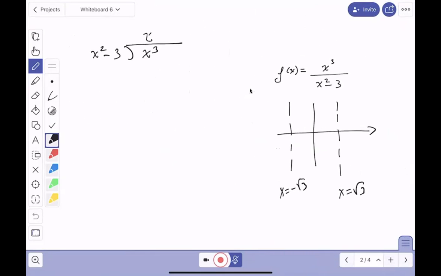What would you put there? x. That would give you x³ - 3x. Let's make sure I did that right. x times x is x³. Yeah, and then you subtract, you get 3x, and I'm done. So what do you get? x³ over x² - 3 is the same thing as x plus 3x over x² - 3.